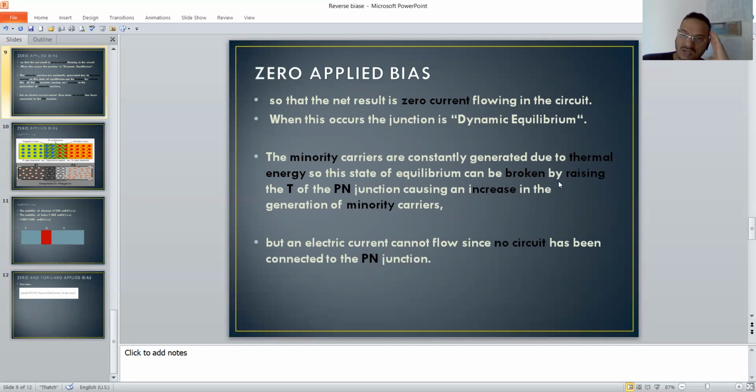This is the way, by using it, we can break the equilibrium condition by raising the temperature, because the generation of minority carriers rises with the rising temperature. But an electric current can't flow since there is no circuit.